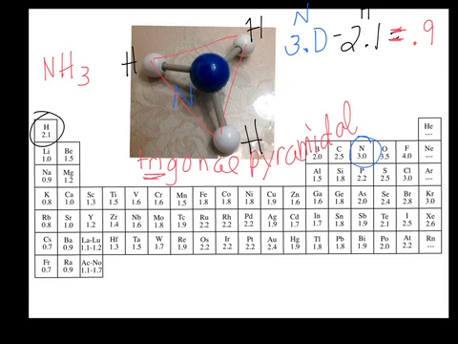So if we take a look at this atom, who's pulling on the electrons more? The more electronegative atom. So these electrons that look like they're shared between these are actually going to be pulled up towards the top of this nitrogen atom, which, if we looked at this molecule from the side, and I couldn't get a great picture from the side, it would kind of look like this.